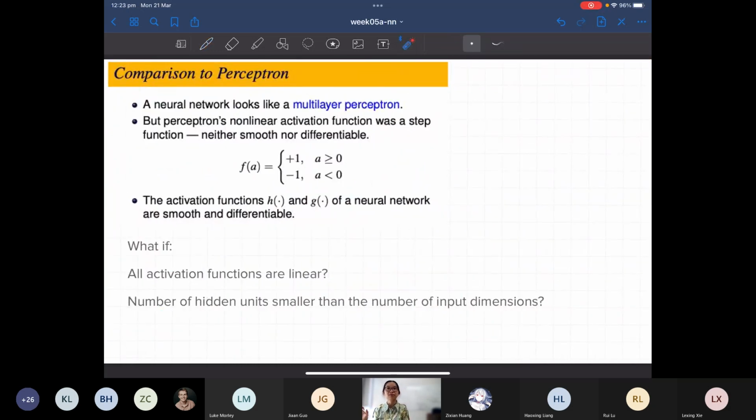Right, so what have we learned that looks similar to this? We looked at the historically important perceptron, right? In fact, the perceptron inspired these activation units with nonlinear or non-continuous activation functions.